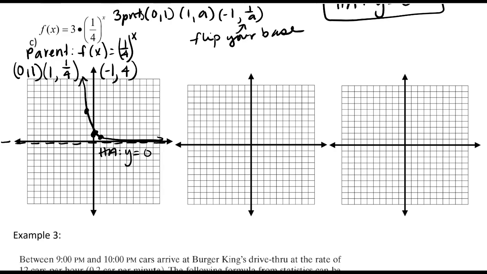Then the next one, we use a different color. y equals 3 times your base of 1/4 to the x power. You can use your dot as multiplication, or you can use parentheses as multiplication.